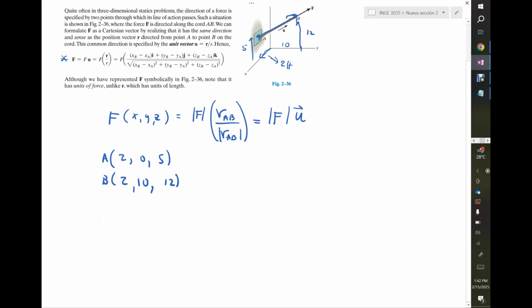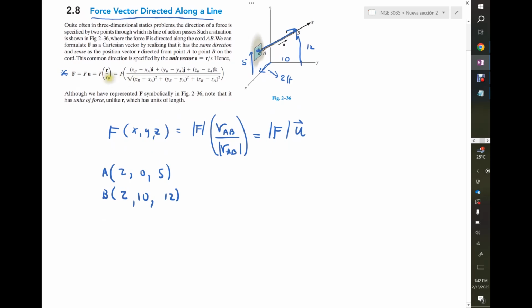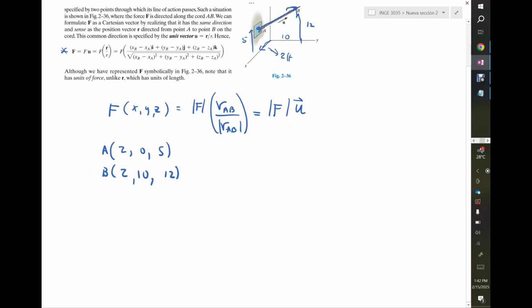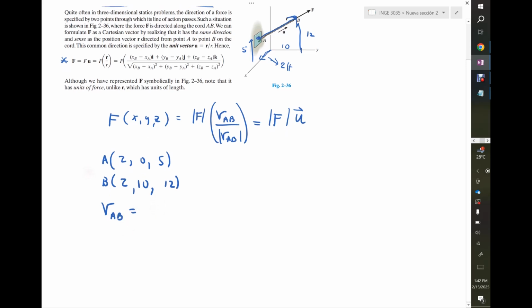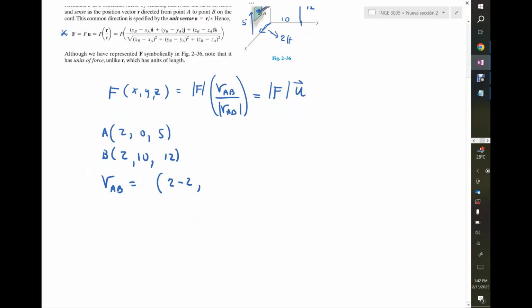Now we have the position of each point A and B, and what we need to do is apply what is called the position vector. What is the position vector? Take the direction that we are moving from A to B. By doing that, the position vector is equal to: the position of B, which is 2, minus the position at point A. That's on the X. On the Y, it's going to be 10 minus 0.